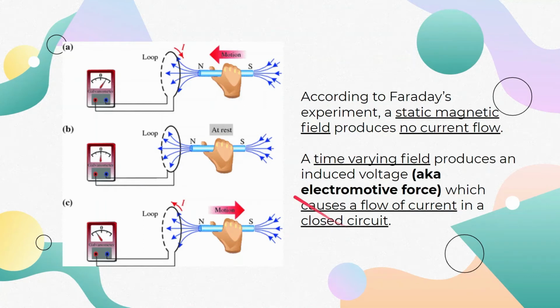If we base on the second picture, when there is no relative motion between the magnet and the coil, the magnetic flux within the coil remains constant, so the galvanometer shows no deflection. However, when the magnet is moved towards the coil or vice versa, like diagrams A and C, the magnetic flux changes and EMF is induced in the coil.